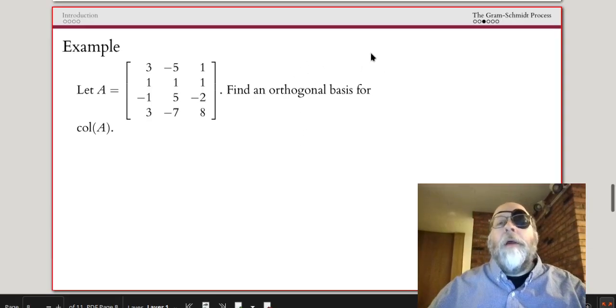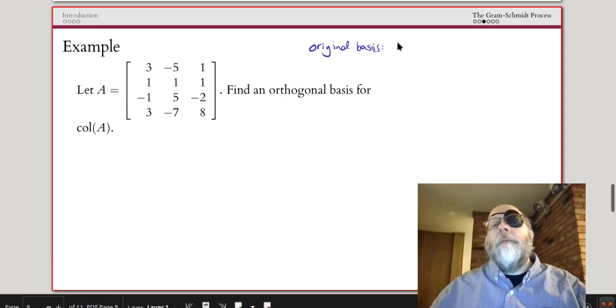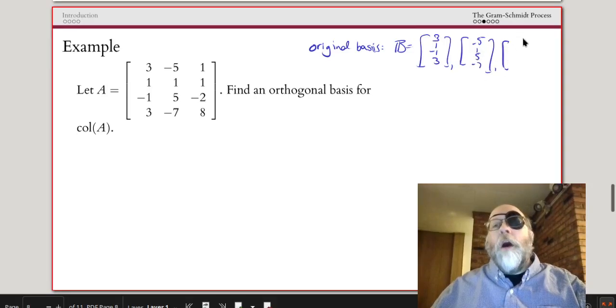So my original basis will contain the columns 3, 1, -1, 3, -5, 1, 5, -7, and 1, 1, -2, 8.